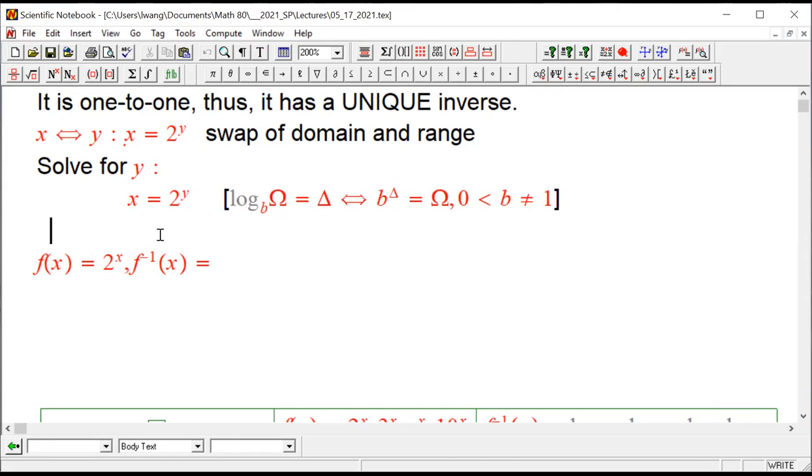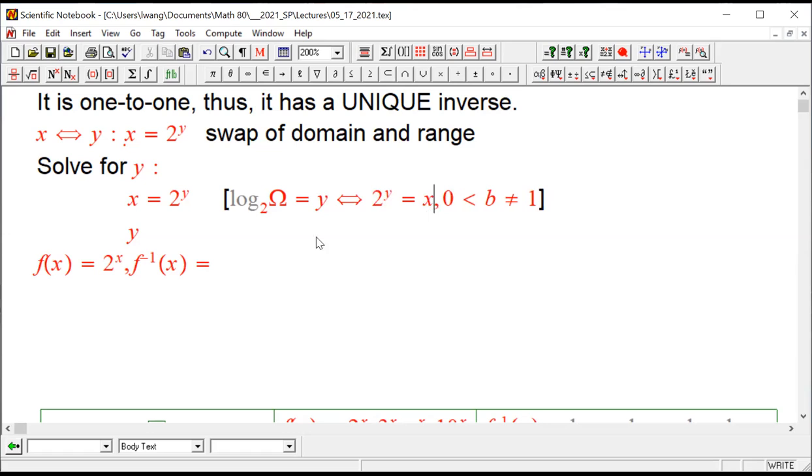How do we solve for the y? How do we express the y? y is in the position of the triangle. This is the triangle, so this is the y in our case. We have b, it's 2. b is 2, and y is here. You can see that 2 to the power y equals omega.